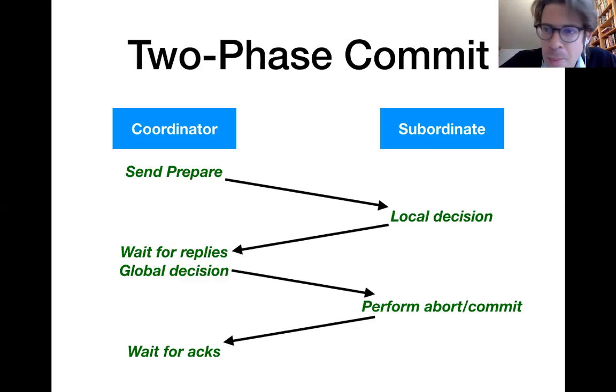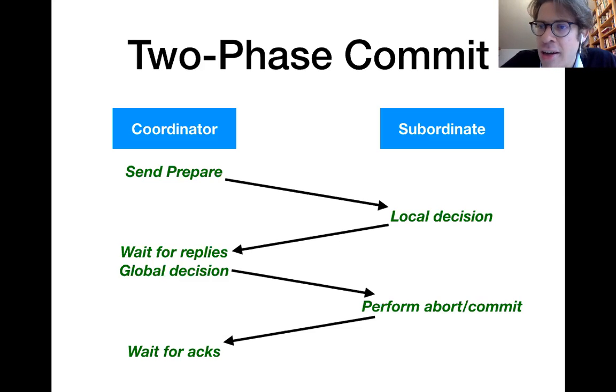the coordinator. Now the coordinator only decides to proceed if it hears back with a positive reply from all of the subordinates. If that happens, it informs all the subordinates in a second round of communication that we will proceed with executing the transaction.